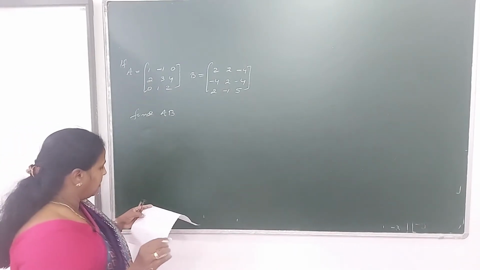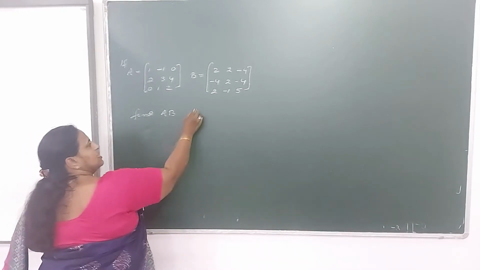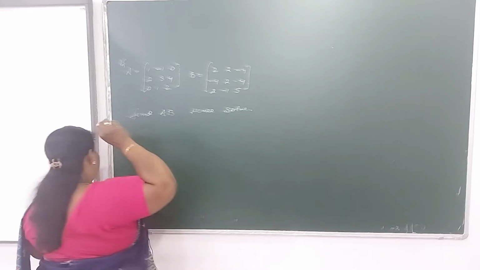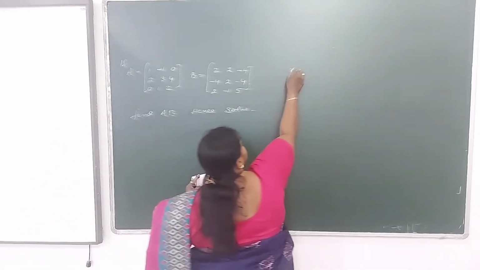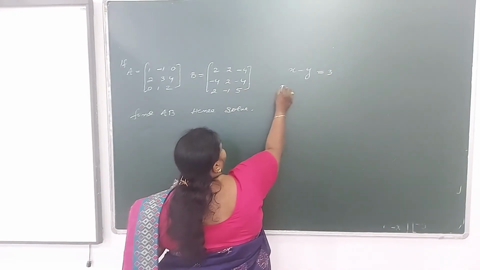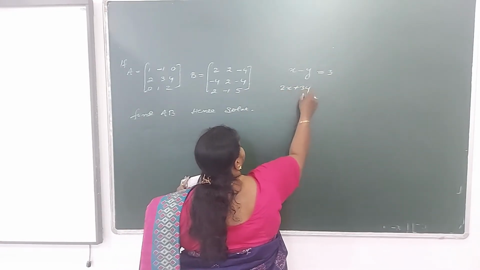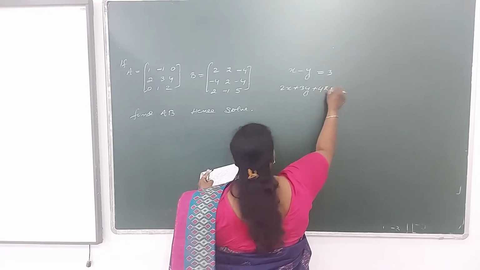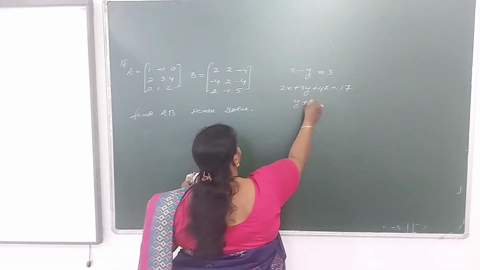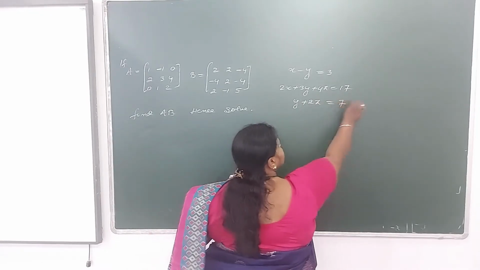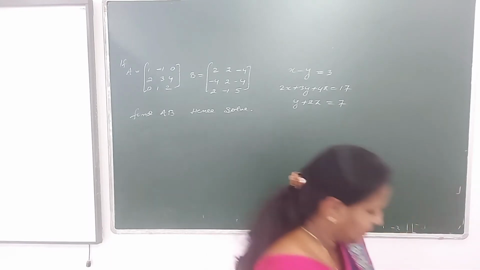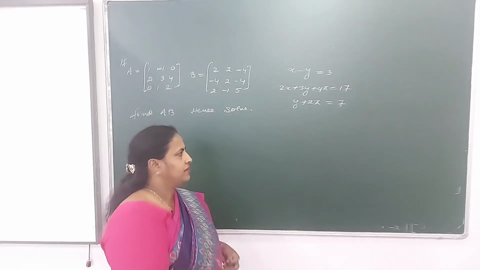Find AB and hence solve the equations x minus y is equal to 3, 2x plus 3y plus 4z is equal to 17, and y plus 2z is equal to 7. This is different from the earlier question.